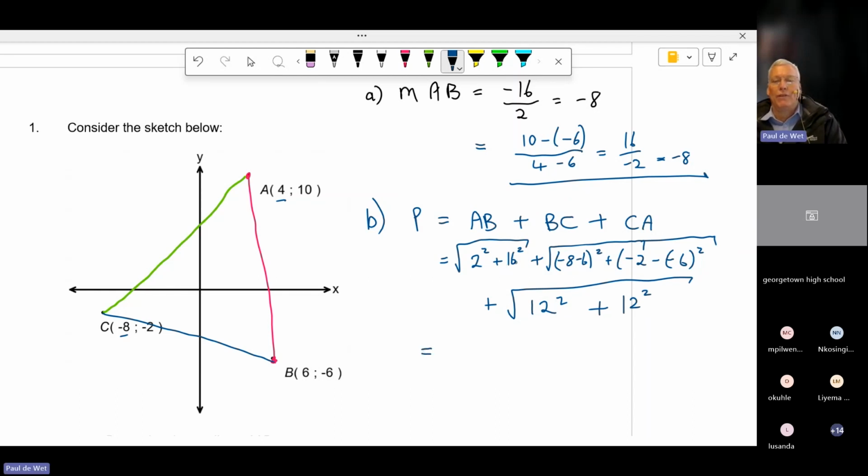Right. This is 256. This is 4. This one is the square root of 260. This is 196, 14 squared, 196. And this one, sorry, it's not a plus, it's a minus.